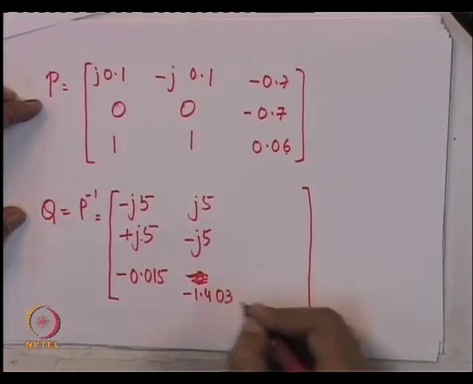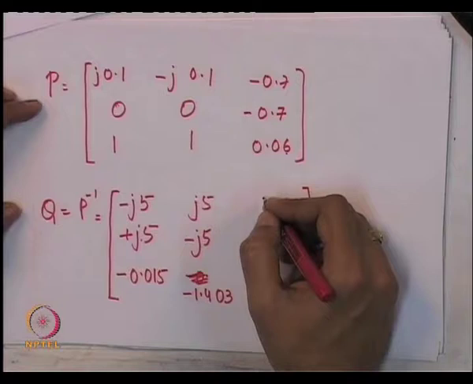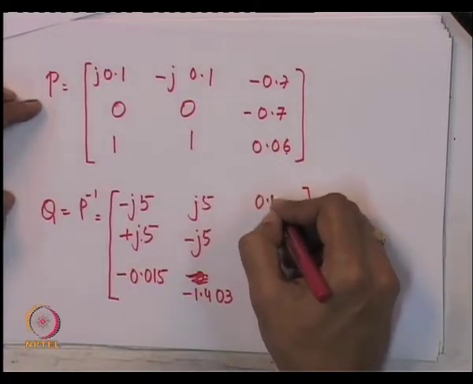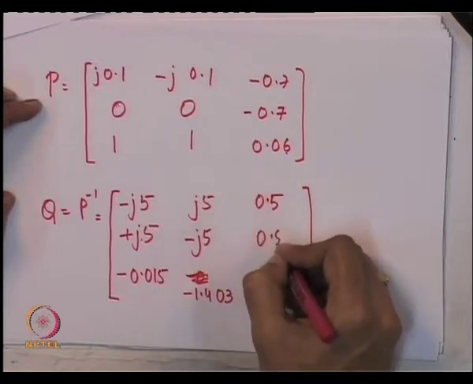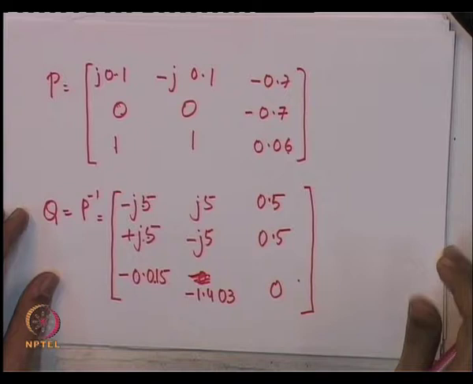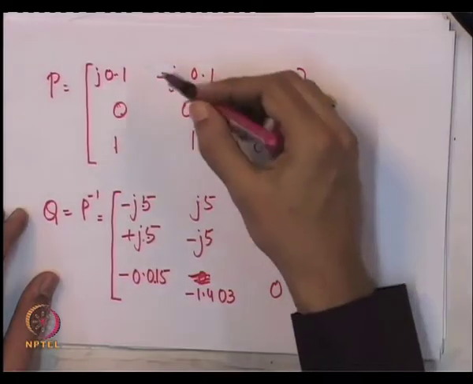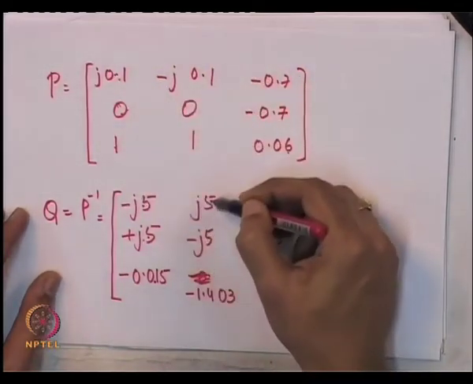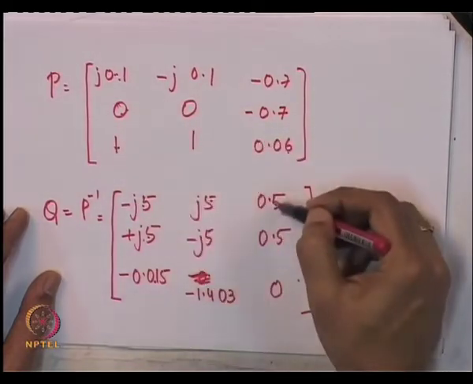1.043. I encourage you to download Scilab and try out this particular example yourself. This is almost 0. So, what we will do is an element by element multiplication of this kind. We will multiply this by this, this by this, this by this.